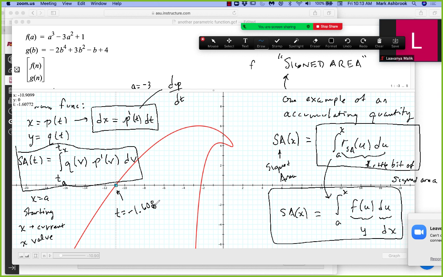Okay, and so then I want to generate the signed area accumulation function starting from t equals negative 1.608, and that's an a value of negative 10.991. Is it okay?